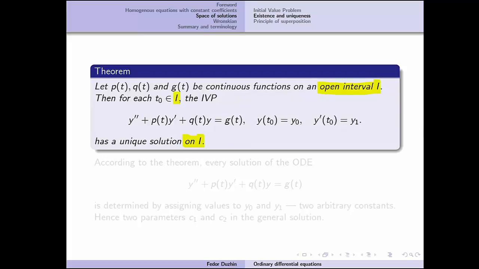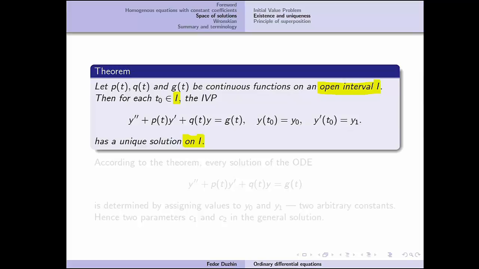So we are assuming that the coefficients p, q, and g are defined on a certain interval, and then the initial value of the independent variable belongs to this interval. So then we conclude that there is a unique solution on the same interval.